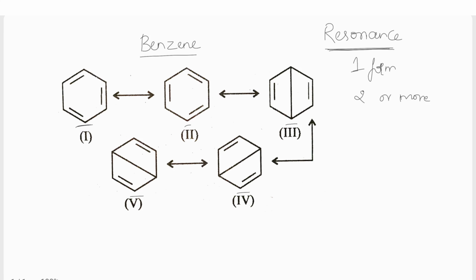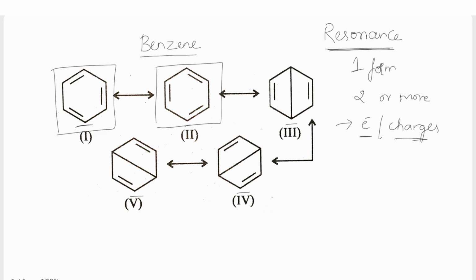You need to keep the basic structure the same. It should have 6 carbons linked one after the other, and the carbon skeleton has to be the same, but only what differs is the distribution of electrons from one structure to the other, and the charges vary from one atom to the other. Only the electron distribution and the charges will differ, but the carbon skeleton is going to remain the same.